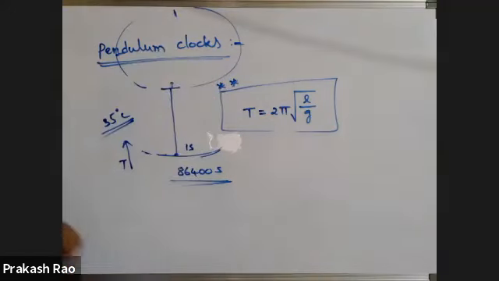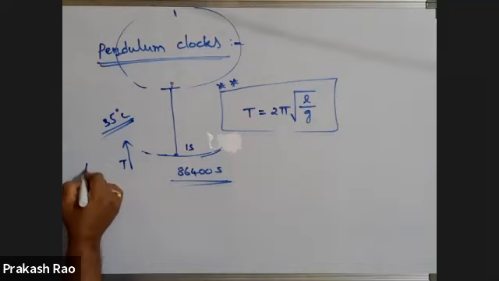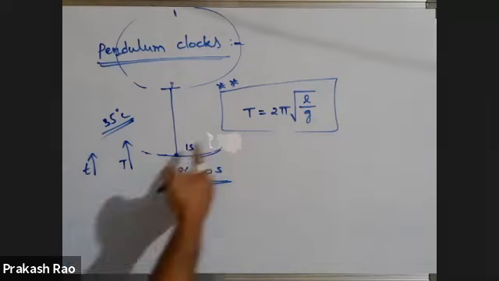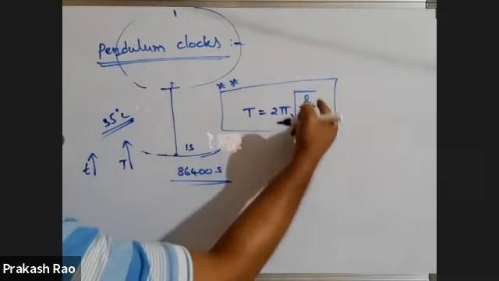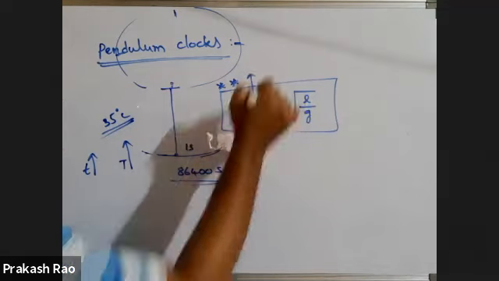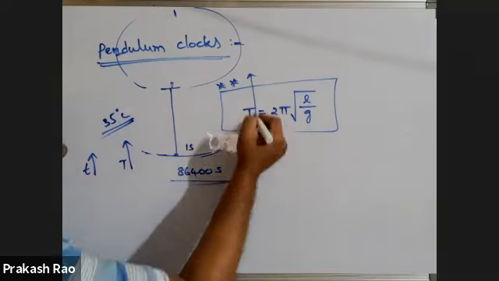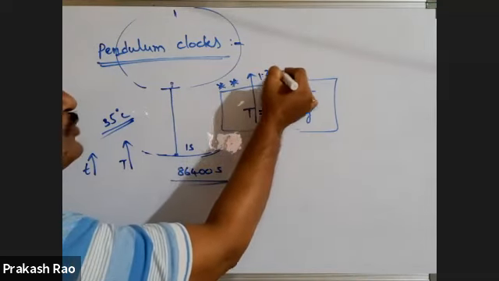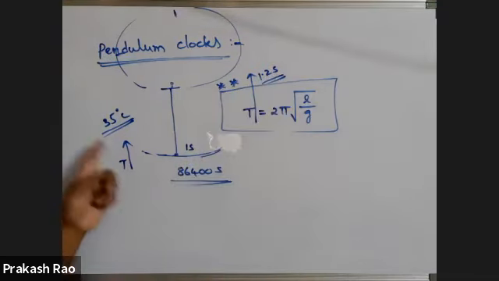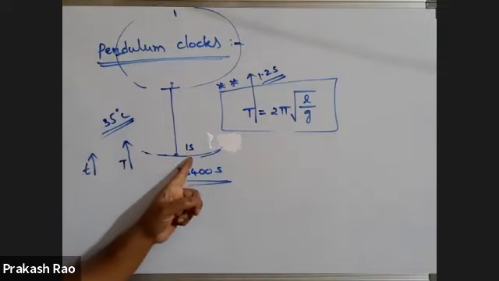समझ में आया ना? Suppose when temperature is increased, तो length क्या होता? Increase हो जाते. Length increase हो गई तो time period भी क्या होता? Increase हो जाता है. Now instead of 1 second, assume that now the period is 1.2 seconds. पहले time period of one oscillation था 1 second.